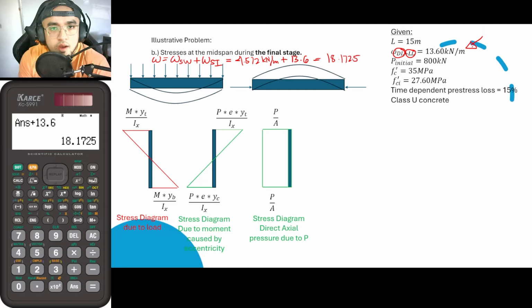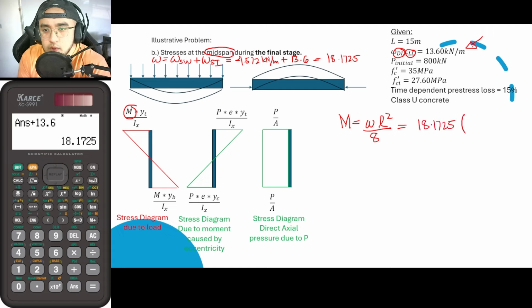Okay, so now, since we are to analyze the midspan, the moment is not 0 any longer. So from that, guys, the moment that we will be using here is now equal to WL squared over 8. So once again, this is for simply supported beams. Okay, so substituting known values, this is now equal to 18.1725 times the length.